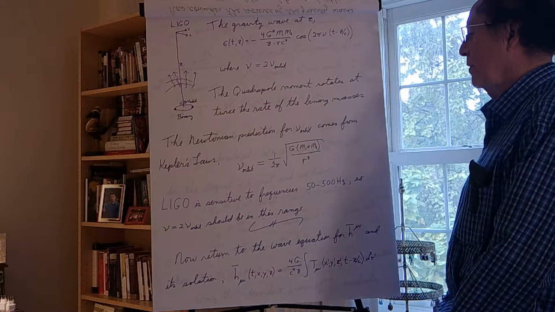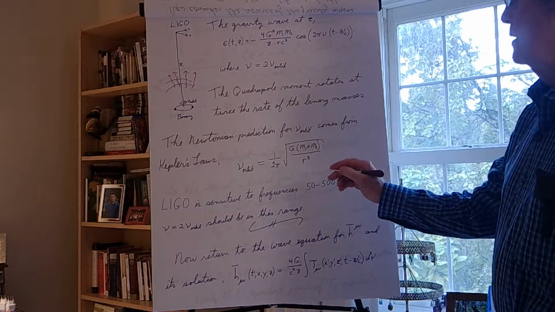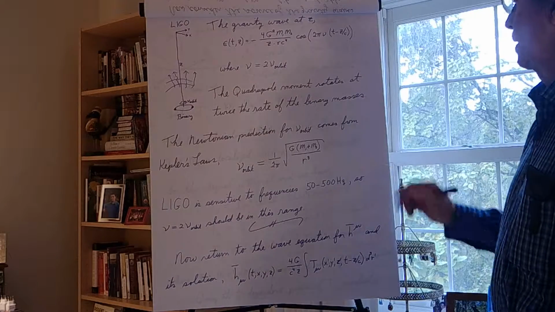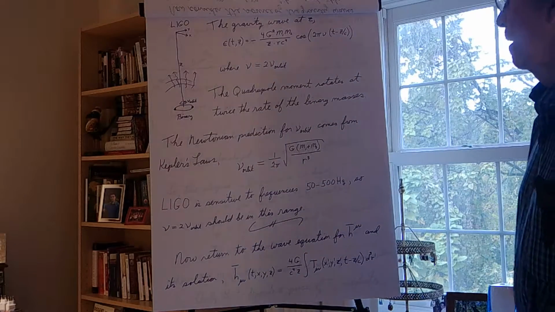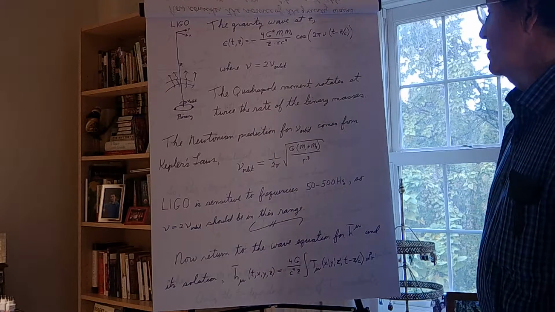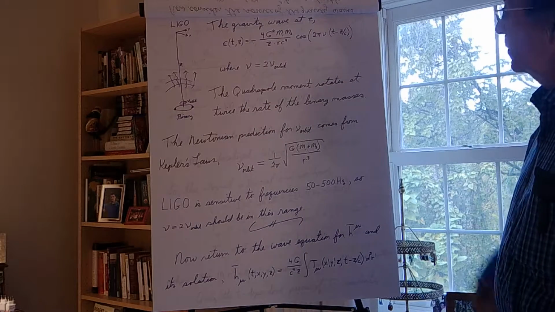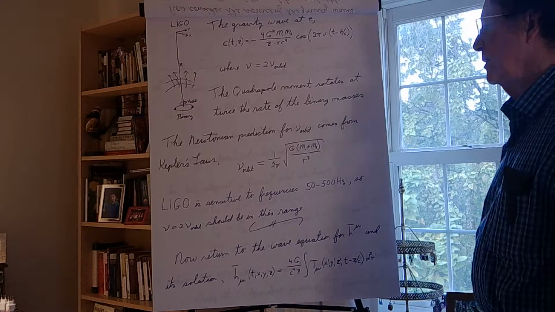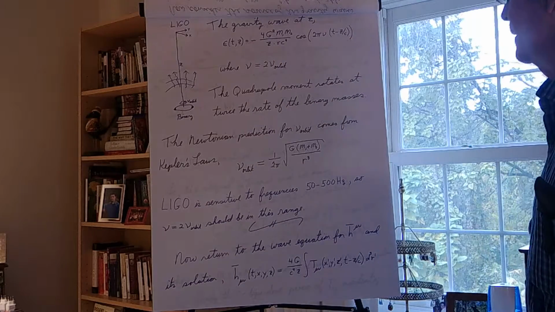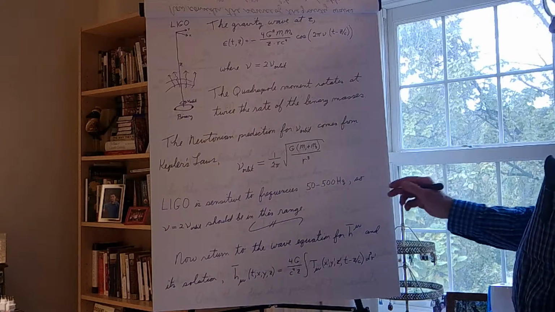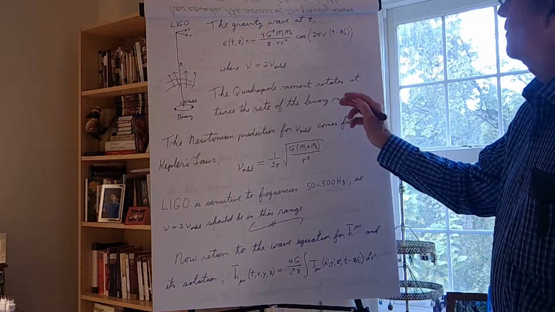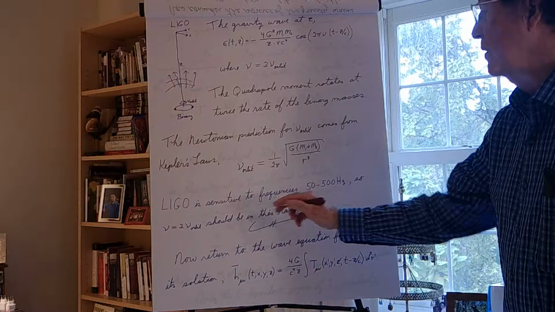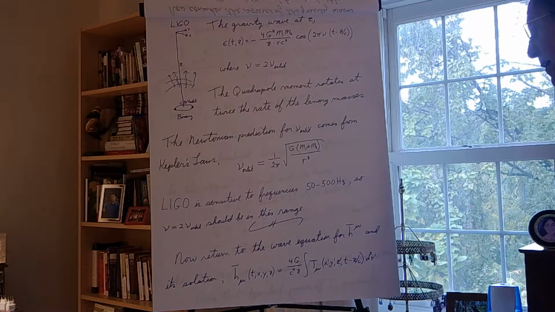It's the one that says the frequency squared goes like 1 over the distance cubed, the major axis cubed, and I'm doing a circular orbit, so it's simple. LIGO is sensitive to frequencies in this range, and so the frequency of the gravitational wave, twice nu orbit, should be in this range, and it is.